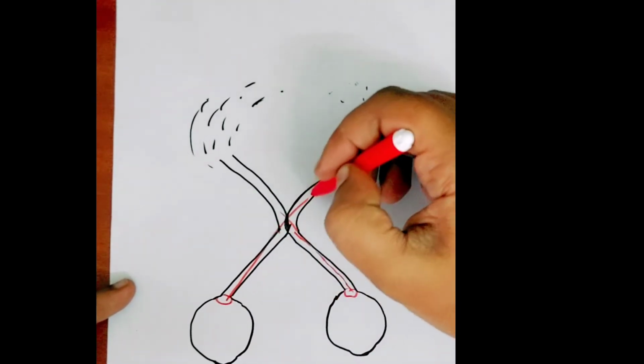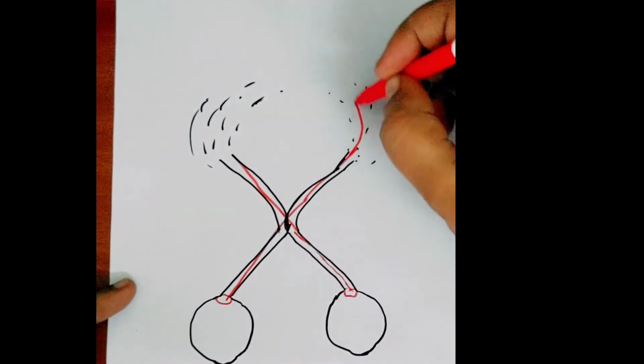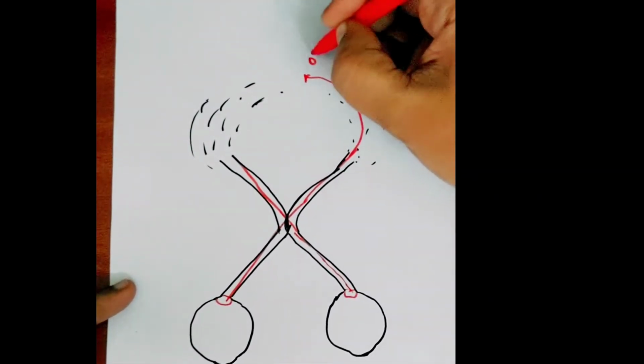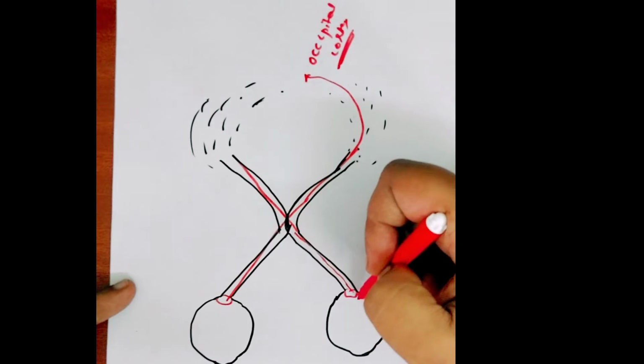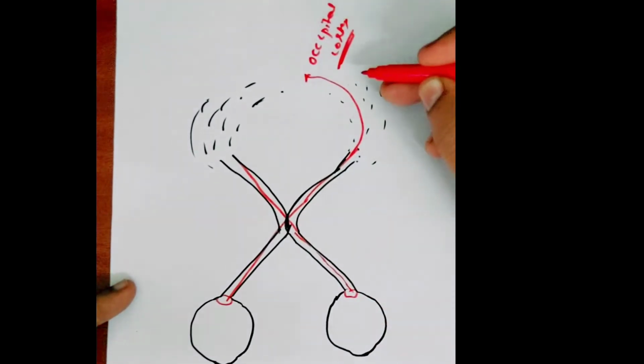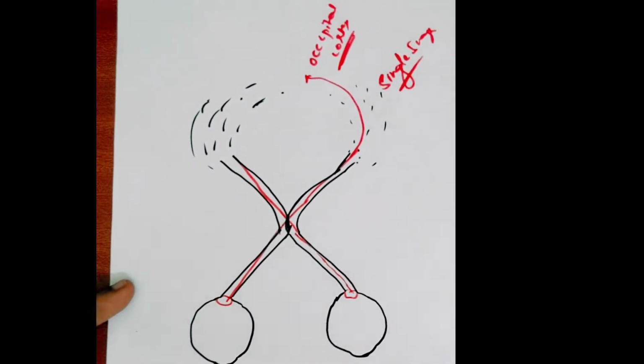At the chiasma they decussate, are carried through the optic tract, and finally relayed to the occipital cortex, the visual cortex. There the two images formed by the two eyes are fused to produce a single image. This is in short how a single image is formed by two eyes.